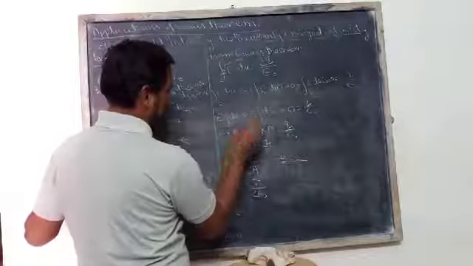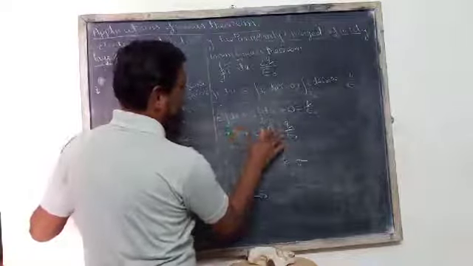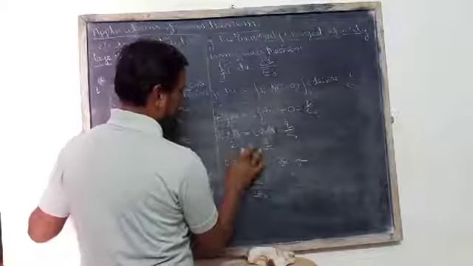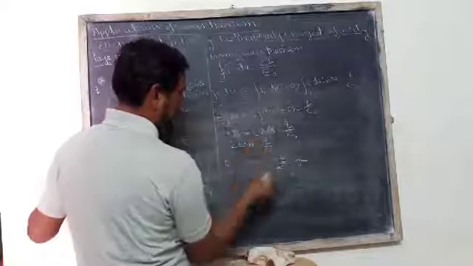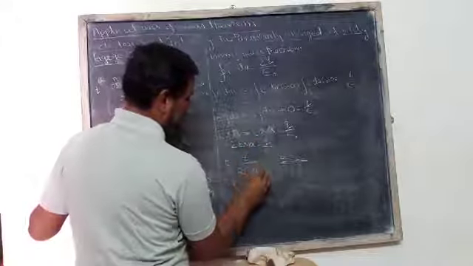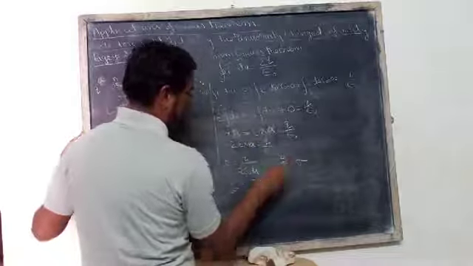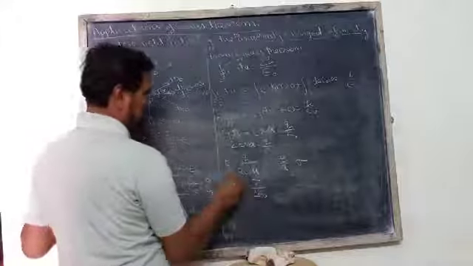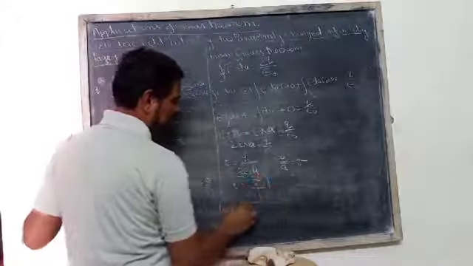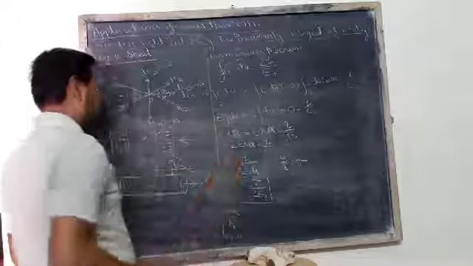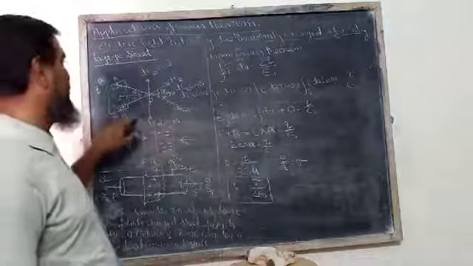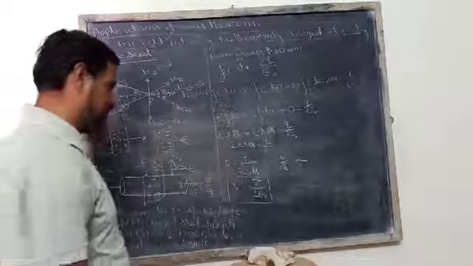Area is small a, we have considered it. So this is A, this is also A, this is A, and sigma upon 2 epsilon naught. This is the electric field intensity due to an infinitely large uniformly charged sheet.